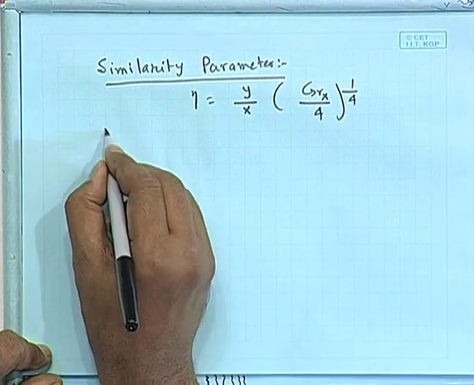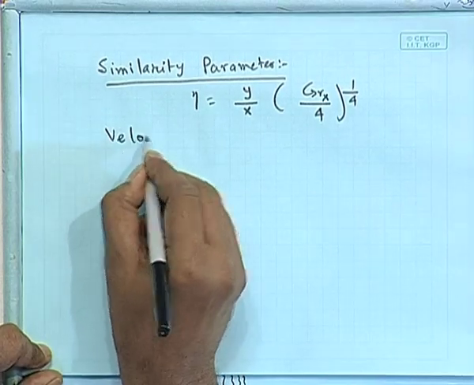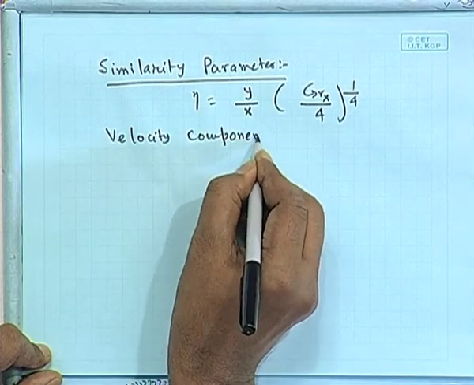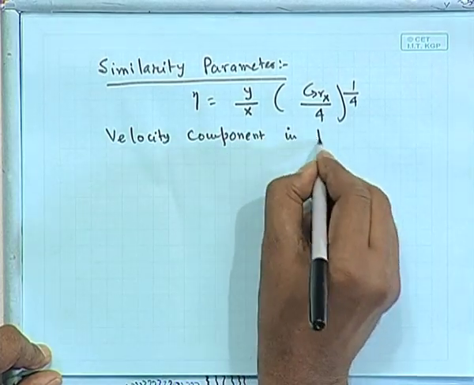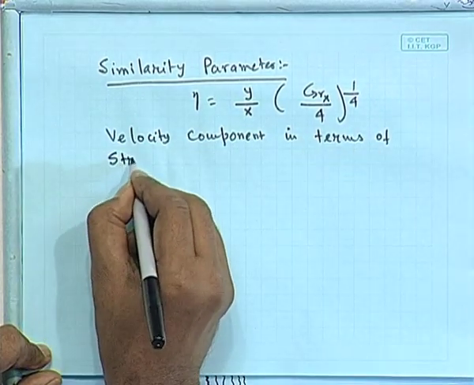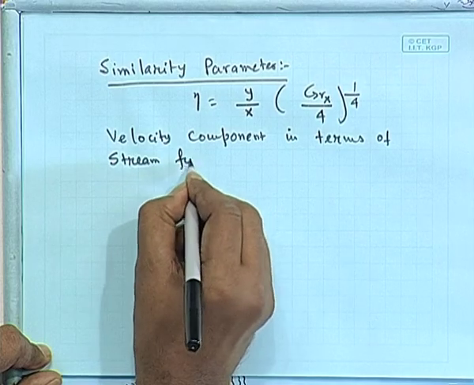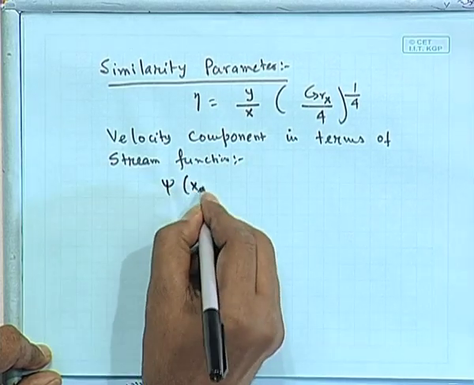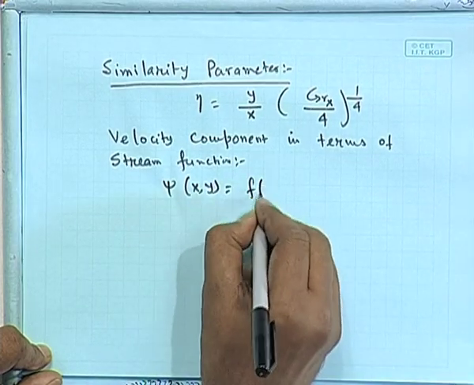Okay. And the velocity component in terms of stream function is defined as psi equals x y f of eta.